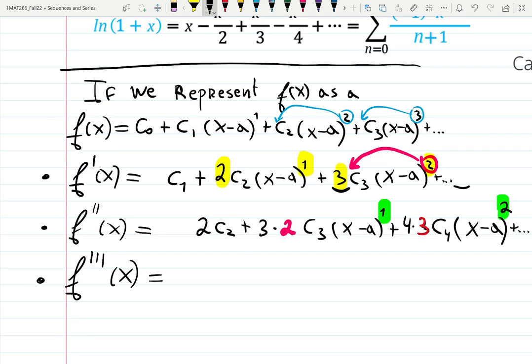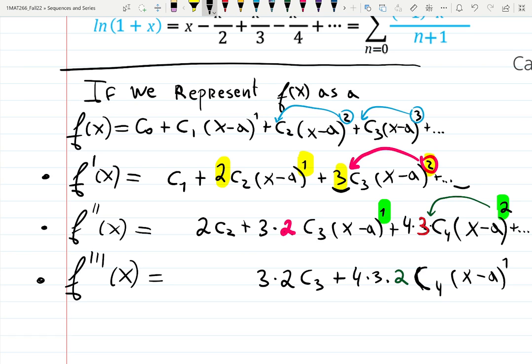2 c sub 2 goes away. So I'll write down 3 times 2 c sub 3. That's my new isolated standing coefficient. Plus 4 times 3 times c sub 4, times x minus a to the 1, since the 2 goes down.